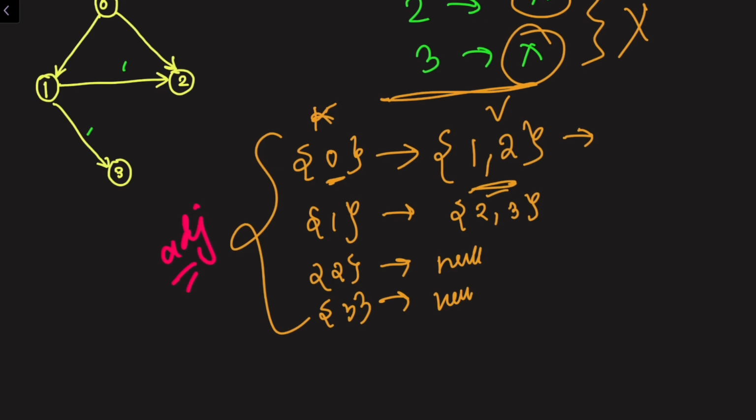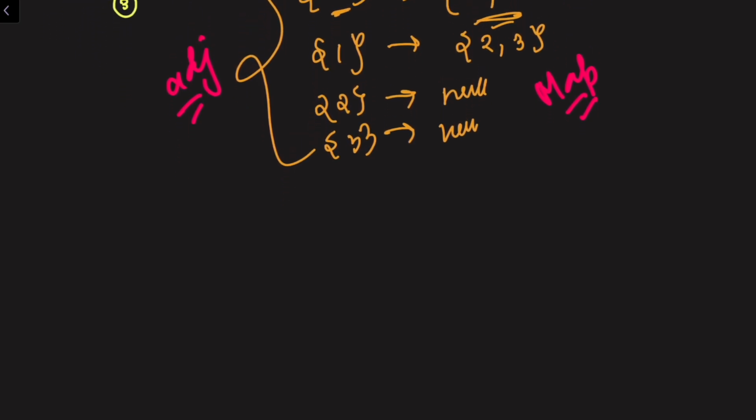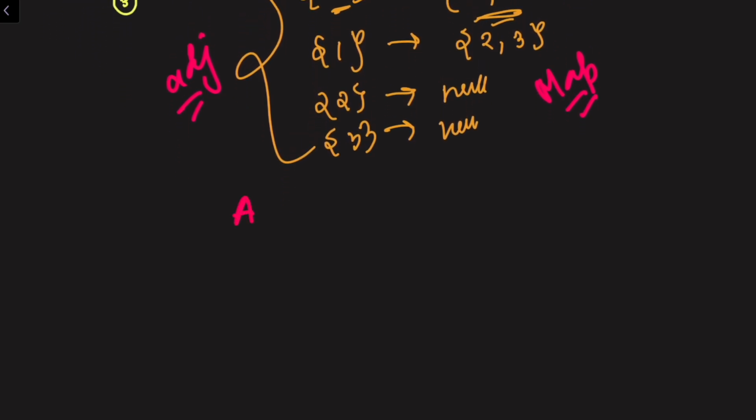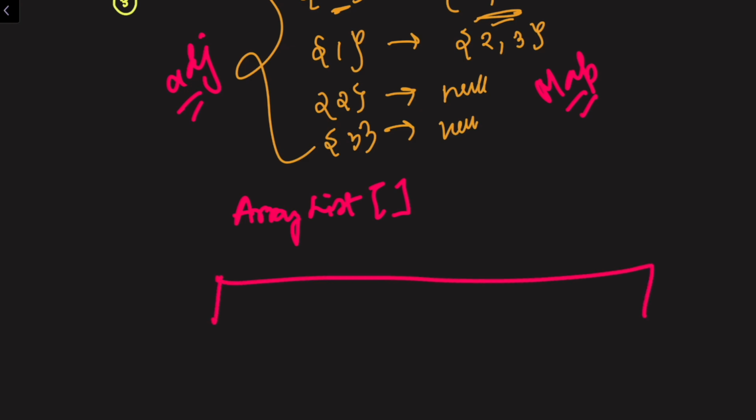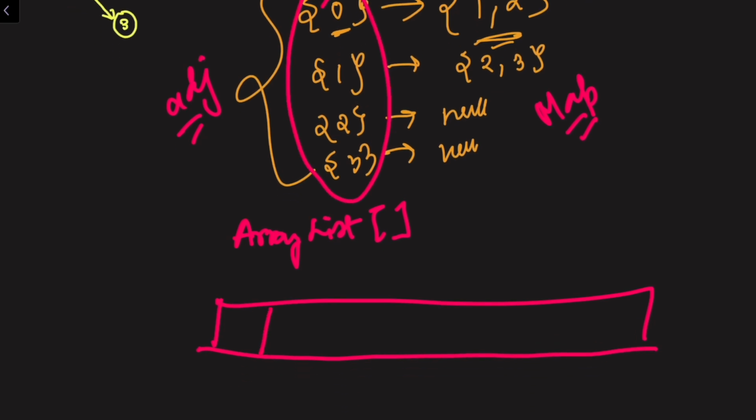And for this, you can use a map, an unordered map or a hash map, or we can use an array of array lists. We are going to create an array of all the starting nodes, like 0, 1, 2, 3, which are the indices, and each index will point to an array list.